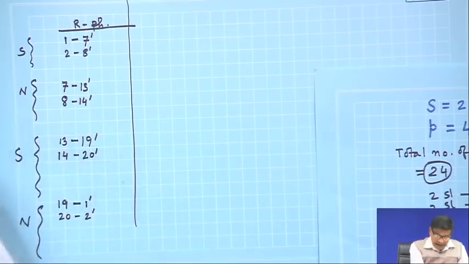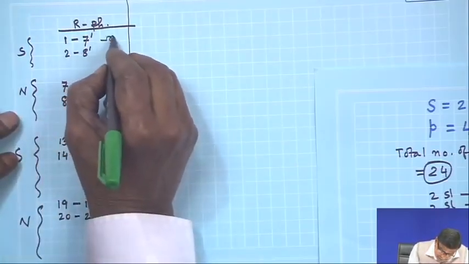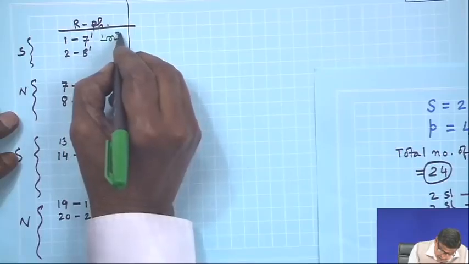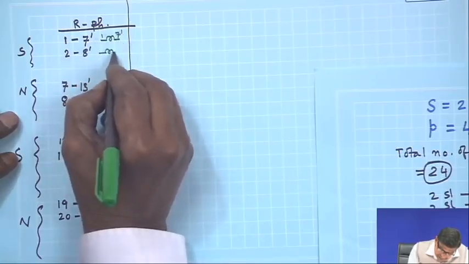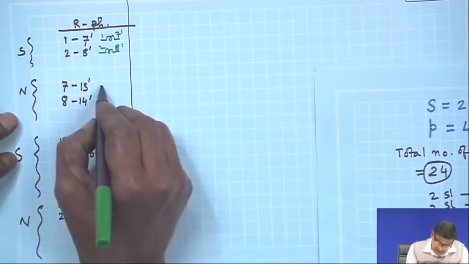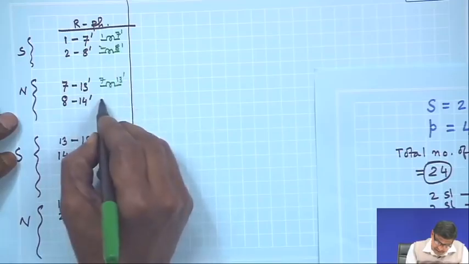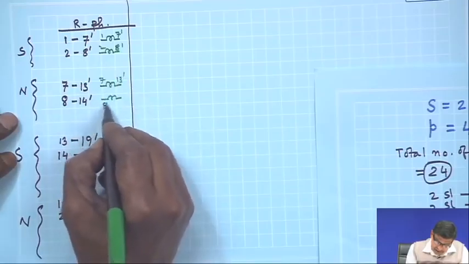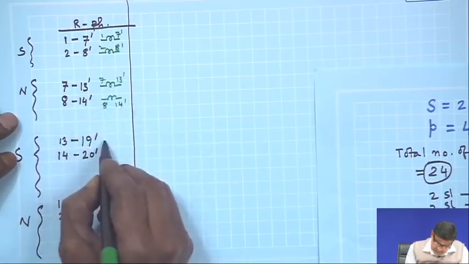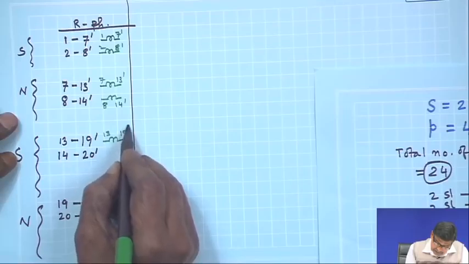And if I draw the coils and name it 1 7 dashed, very interesting, I mean 2 8 dashed and this is 7 13 dashed and this is 8 14 dashed, these are 13 19 dashed.